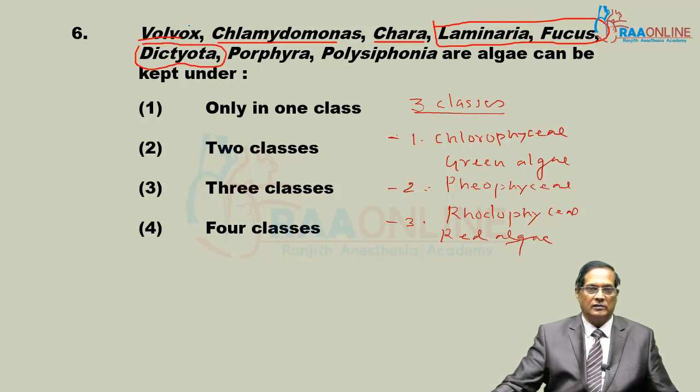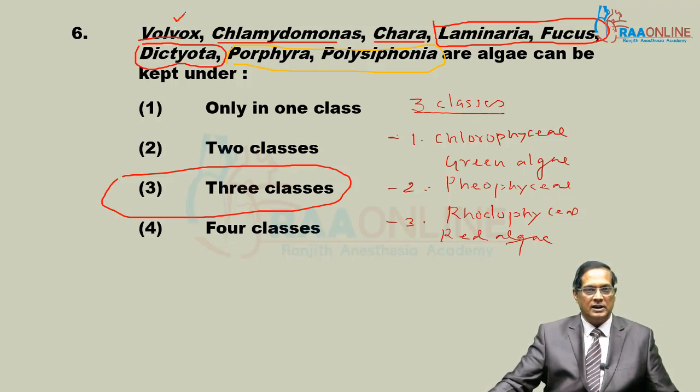The first three are members of green algae. The second three are members of brown algae. And the last two, Porphyra and Polysiphonia, are members of red algae. So, out of these 8 plants, they can be kept under 3 classes.